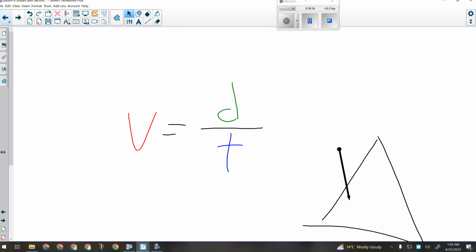I've got to move the t to the other side. In order to do that, I just multiply both sides by it, which means I just bring it over here and it ends up beside v. That makes it look kind of simple, but what I've done according to the rules is multiply both sides by t.